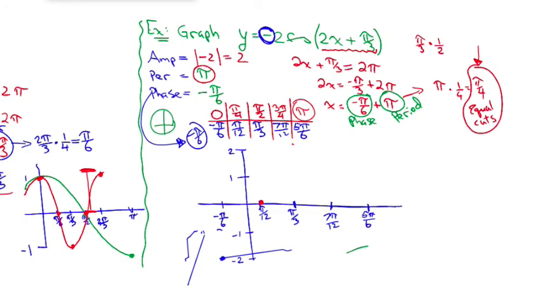At 7 pi over 12 it goes back to the middle. And then at 5 pi over 6 it goes to negative 2. And remember with cosine you have to kind of start it off early to get it to look nice, and end it late. So that would be a little bit more than one period of that curve.